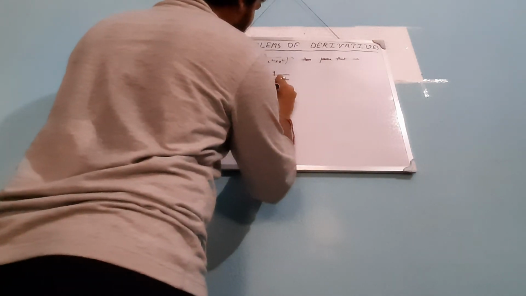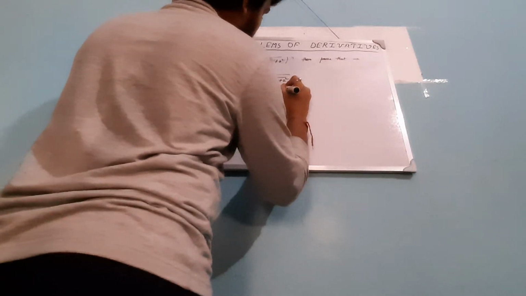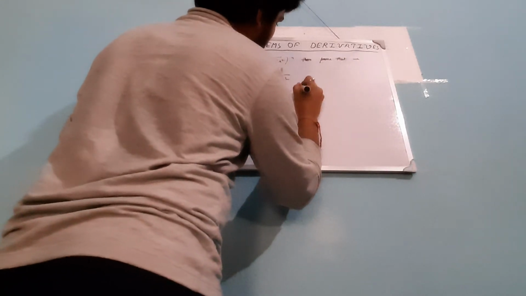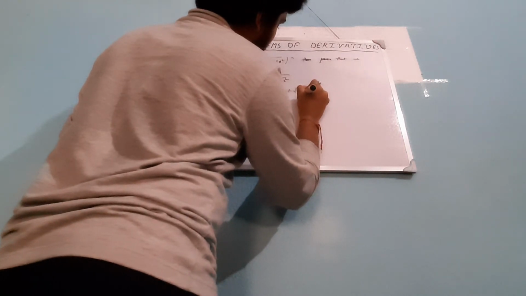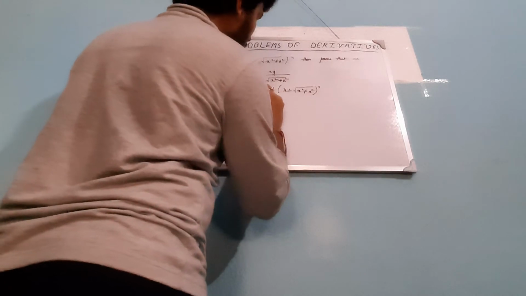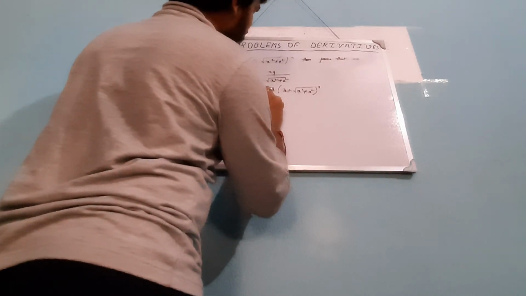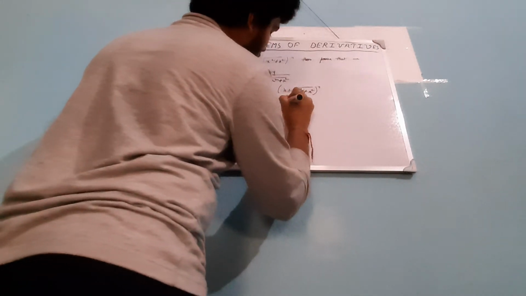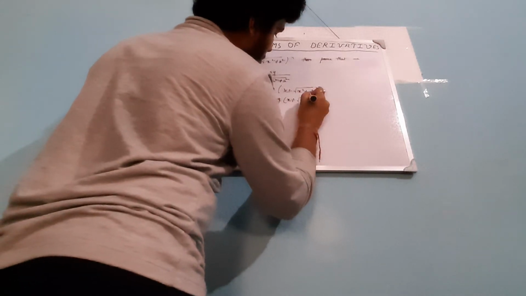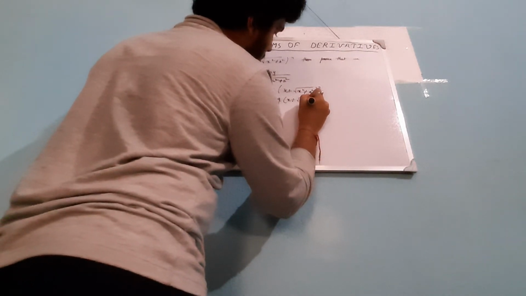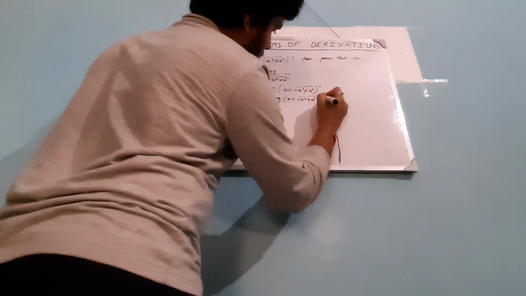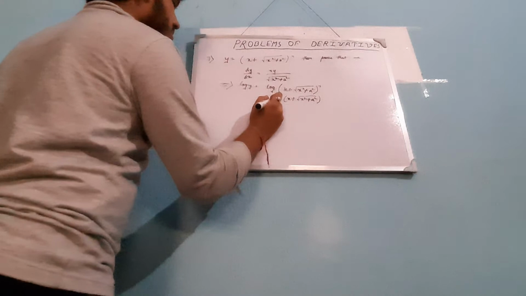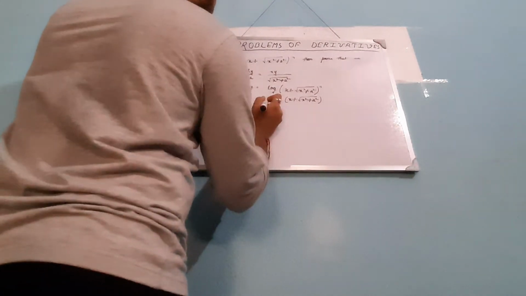So taking log on both sides, this n will come out here. Then the derivative: this n is constant, you know the formula, constant will be here.